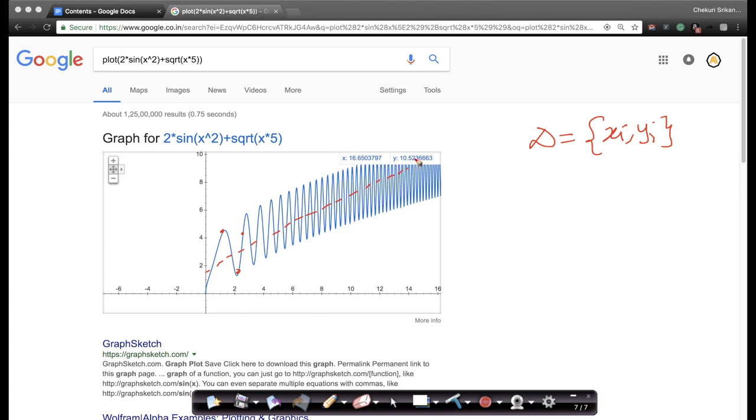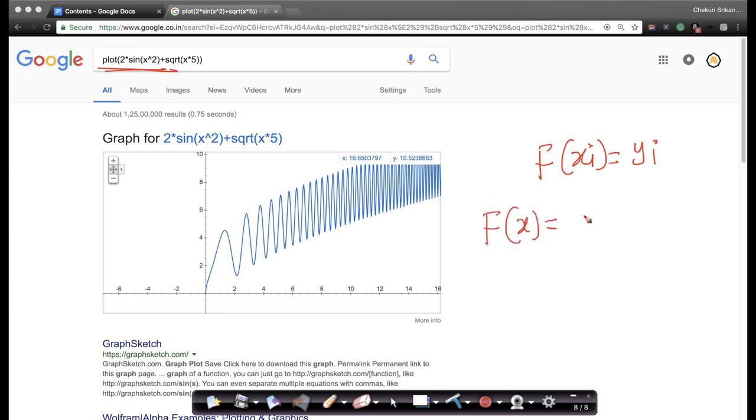Of course, you can go to random forest, all of those things. But let's try to write it in a functional form. We want to find the capital F which connects xi and yi. As you can see, I actually plotted this function. The capital F of x is 2 times sine of x square plus square root of 5x.